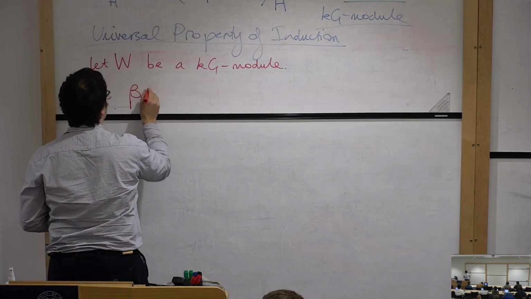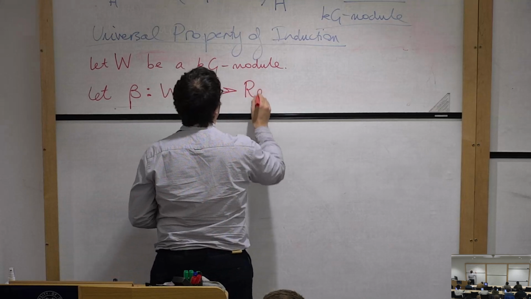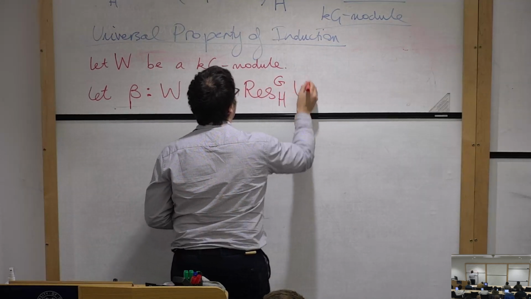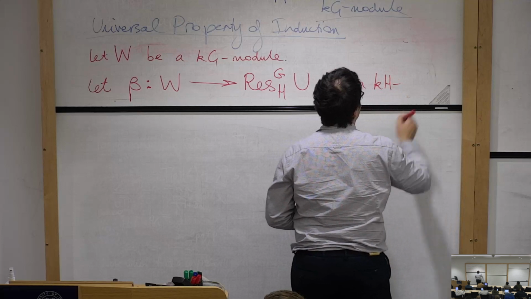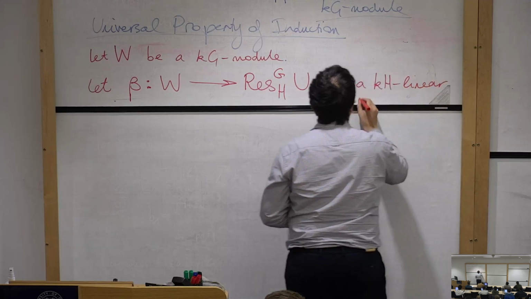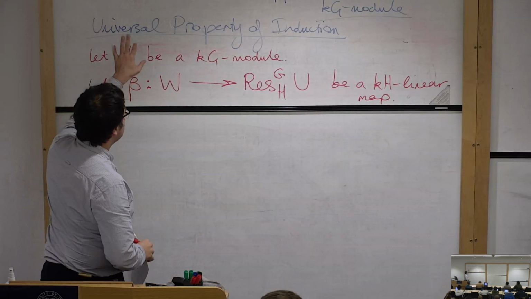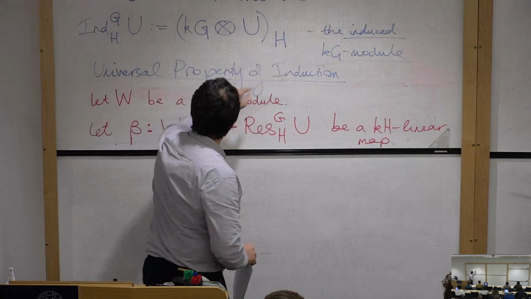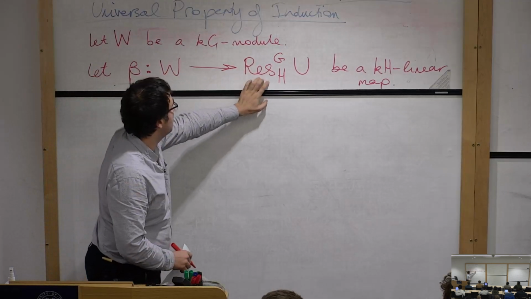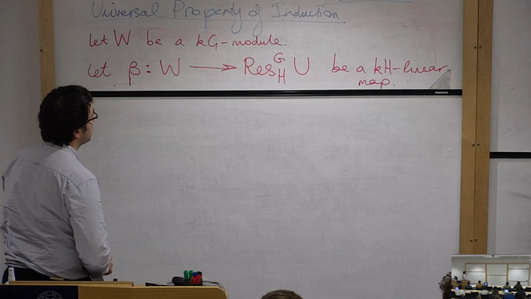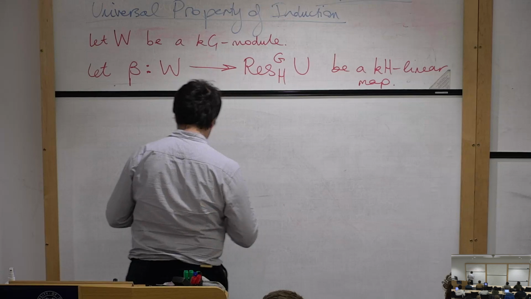Let beta be some kH module homomorphism. So there's some kind of asymmetry here. There's a representation U of H, and then we're varying representations of G, and then we're considering maps from W into the restriction. Did I get this right? No, I didn't.